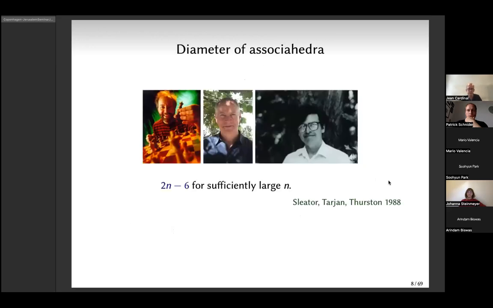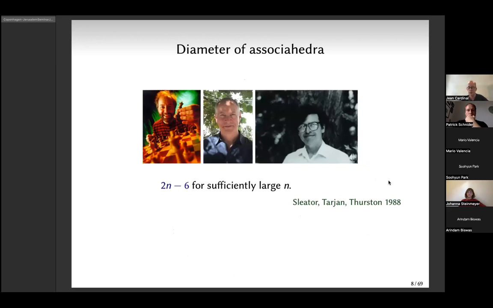So one question that was studied, and there's this classical paper from 1988, is what is the maximum rotation distance between 2 binary trees? What is the diameter of the associahedron? Okay, so the diameter there meaning what is the longest shortest path, where shortest path is a path along the edges of the associahedron between 2 vertices.